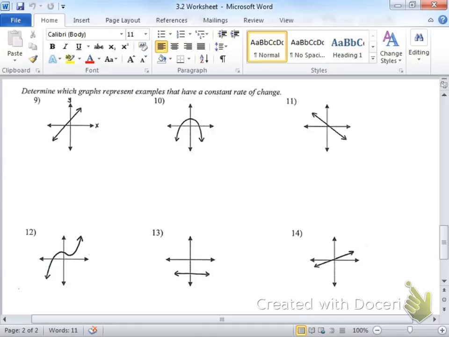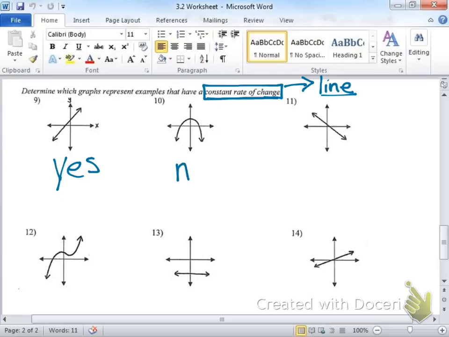So on your homework, the last 6 questions look like this. The directions say determine which graph represents examples that have a constant rate of change. We just said that graphs with a constant rate of change form a straight line. Is number 9 a line? Yes, so that has a constant rate of change. Is number 10 a line? No, so that does not have a constant rate of change.